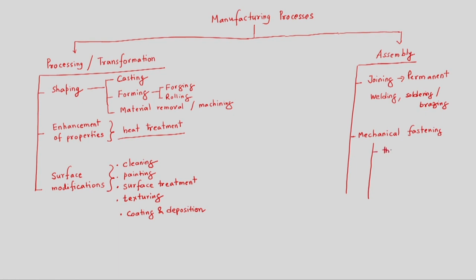So either by using threaded parts or by using the permanent fasteners, that we call riveting operation, and these are screws, nuts and studs.